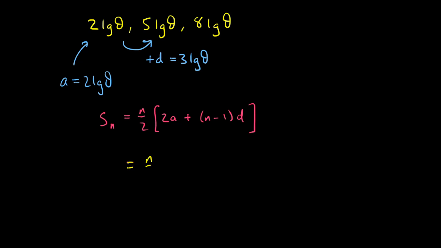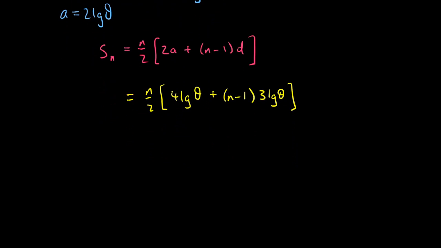So we've got n upon 2. Our a is 2 log theta. So what we're going to end up with here is 4 log theta plus n minus 1 times d. And our d is 3 log theta. Now, what I'm going to do is I'm going to factorize out the log theta.